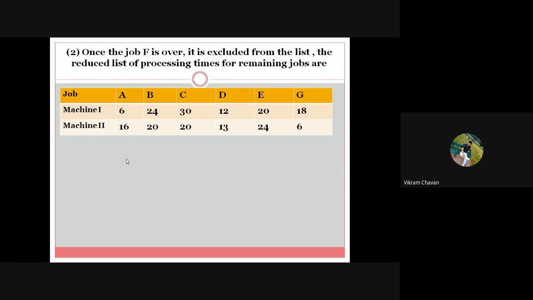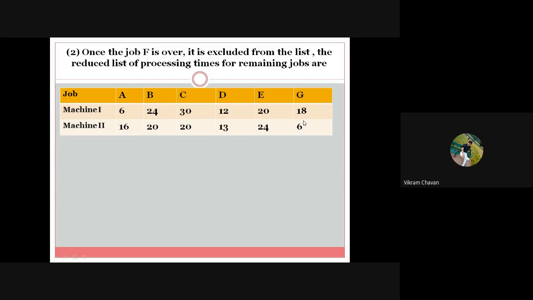Machine 1. Okay, job A, machine 1. Only one job is there. G or G number job and machine number 2. So in that case, now here we are getting two jobs which are having the lowest processing time.